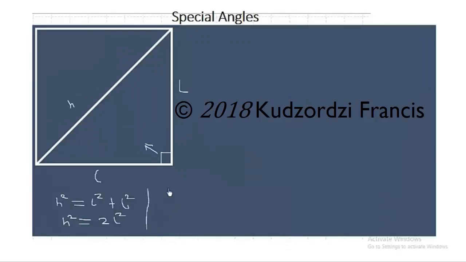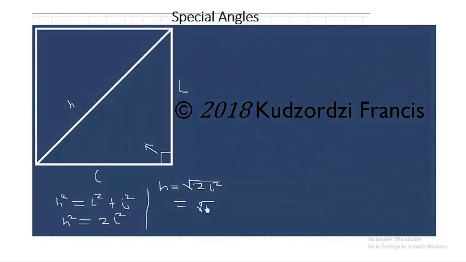Now take the positive square root of both sides to obtain h to be equal to the square root of 2L squared. And this will give us root 2 L. So this side is equal to root 2 L or L root 2.